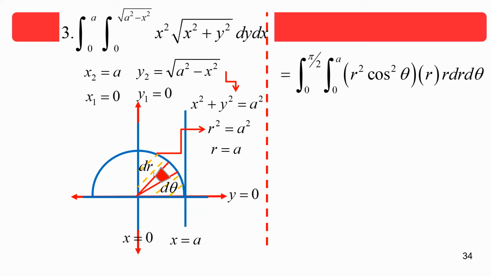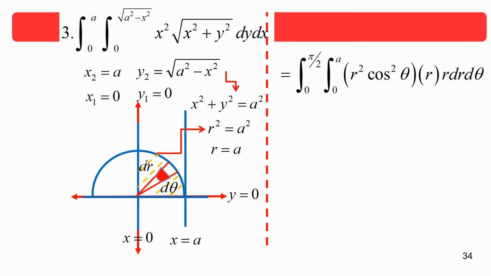Now, look at the red portion in the wedge. It starts from the origin, which is 0, up to all the time the radius here for the semicircle, or let's just consider the quarter circle, the radius is equal to a. So from 0 up to a.